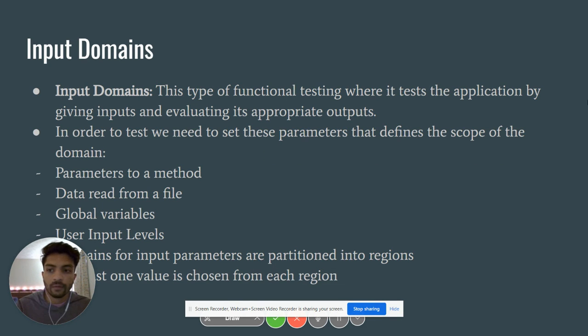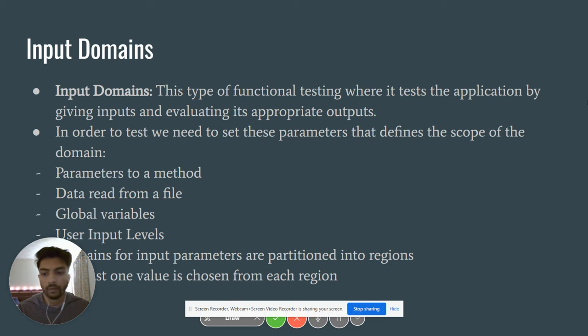So input domain testing is a type of functional testing where the application is given inputs and the appropriate outputs are evaluated. In order to test, we also need to see the parameters that define the scope of the domains.